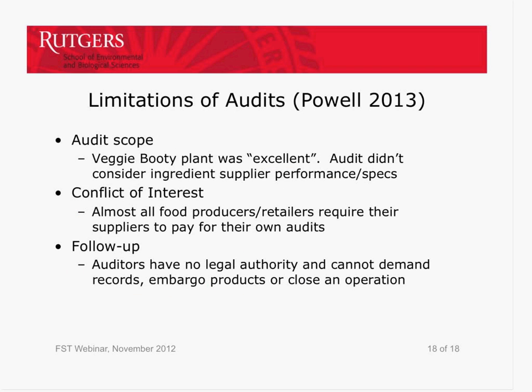The next thing that I want to talk about is audit scope. There was an outbreak a number of years ago with a product called Veggie Booty. If you don't have small kids, you probably don't know what this is, but if you do, or if you follow food safety, you'll know about it. This Veggie Booty is an extruded vegetable product, and people apparently liked it because it was all vegetable and very healthy.